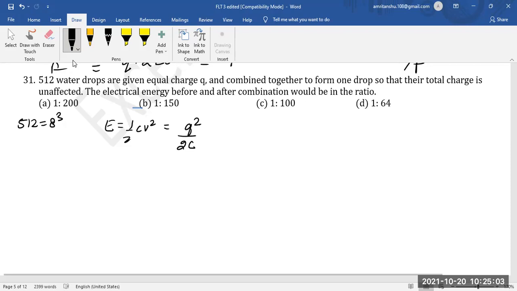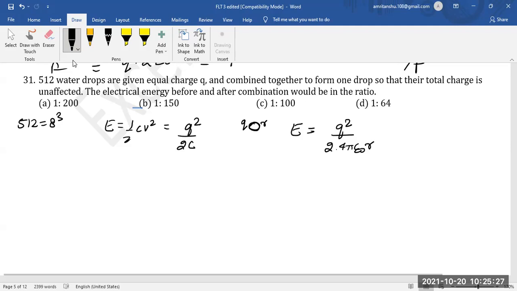So energy stored in one drop. Let's say we have one drop of radius small r, and it has some charge Q on it. So energy stored on this drop will be Q square upon 2C. What is the capacitance of the spherical drop? Capacitance of a spherical drop is 4 pi epsilon naught small r.